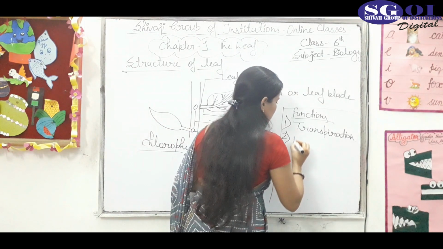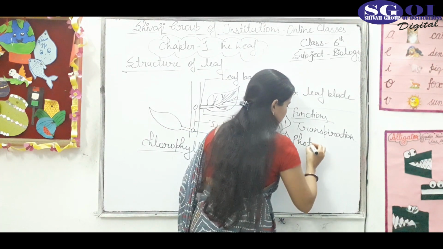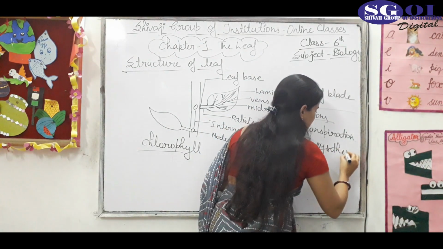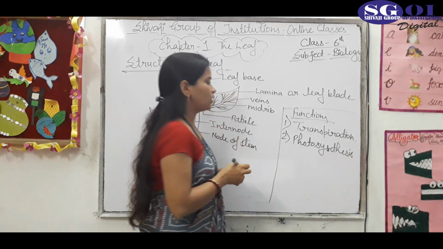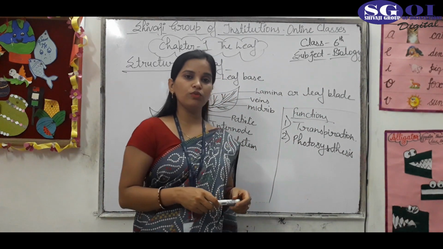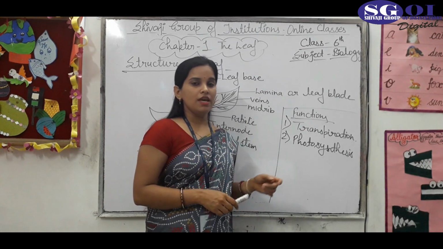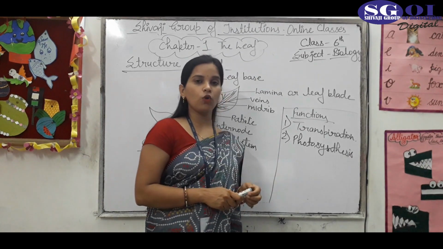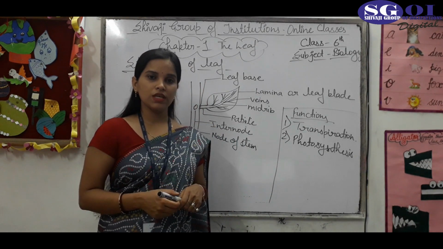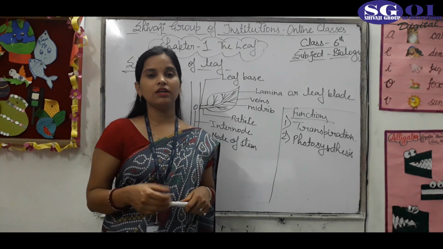Second is photosynthesis. This is the most important function of the leaf, because all leaves prepare their own food by the process of photosynthesis. In photosynthesis, they require carbon dioxide and water, in the presence of sunlight and chlorophyll, to make their own food.